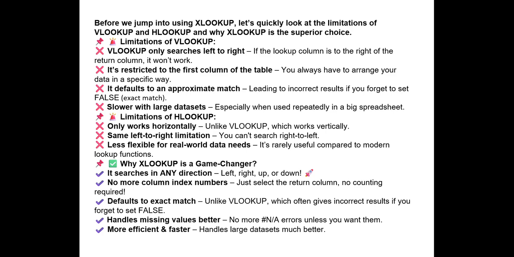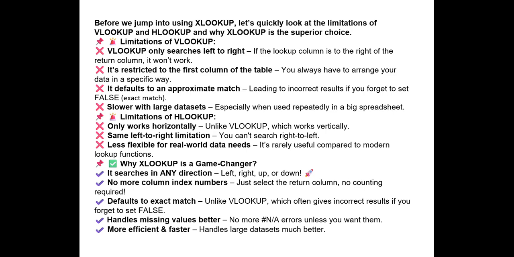It searches in any direction, left to right, up or down, and you will see it in a minute when we go through some scenarios and examples. No more column index numbers: just select the return column, no counting required. Apologies if I keep referring back and forth, but if you have done VLOOKUP in the past, you know you have to count the columns to see which column you're trying to match with.